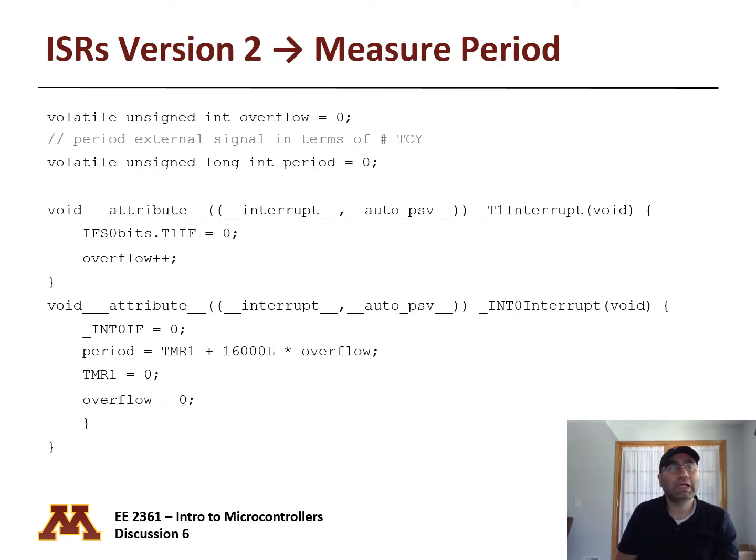ISR version 2 is to measure the period. Again, whenever we have a timer interrupt, overflow increments here. There is no change here. For the period, it's going to be timer 1.